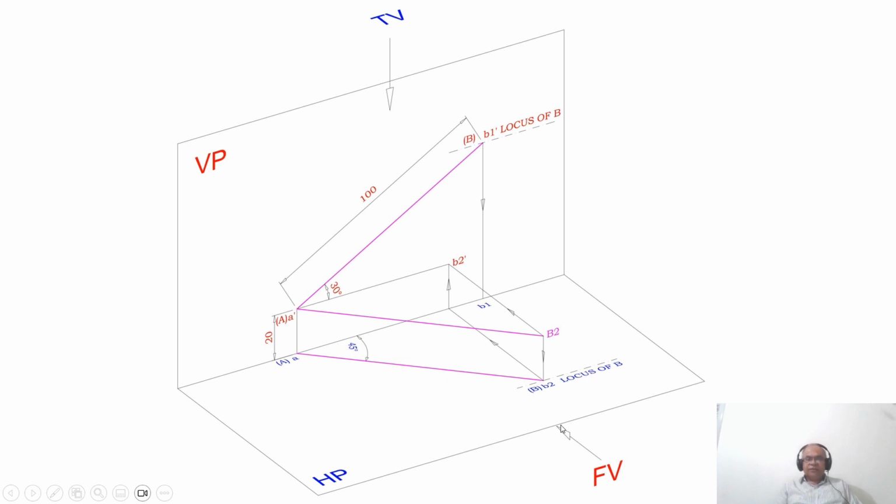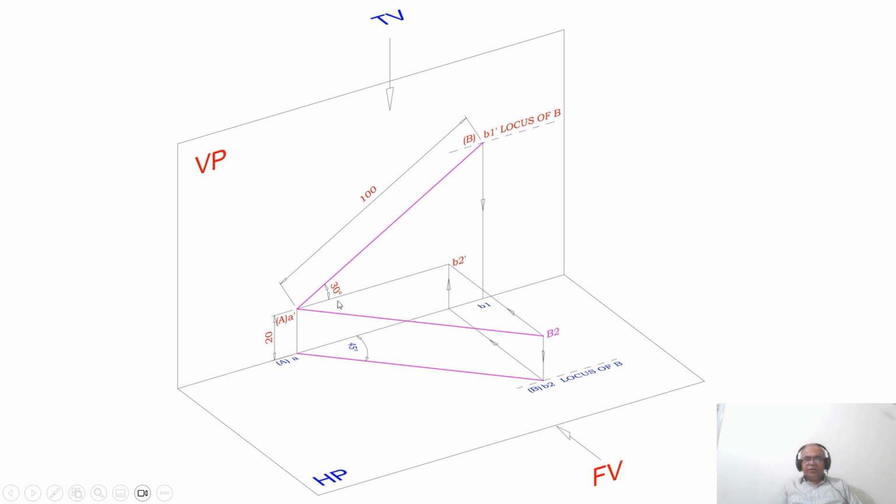So when you look from the front view, you project a line from capital B2 so that it lies on the vertical plane at a distance of 20 mm above HP. Why? Because A dash is above HP by 20, so B2 dash also should be above HP by 20.